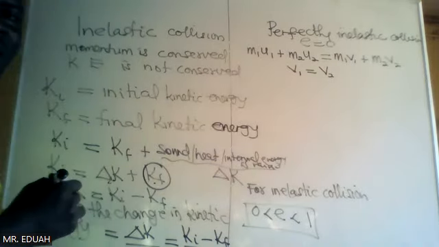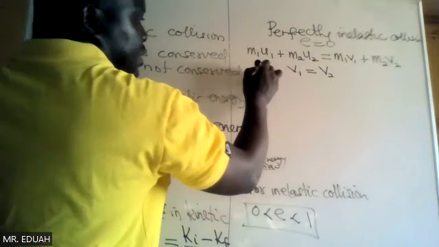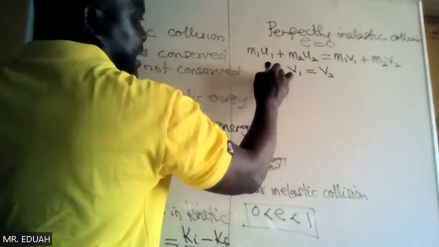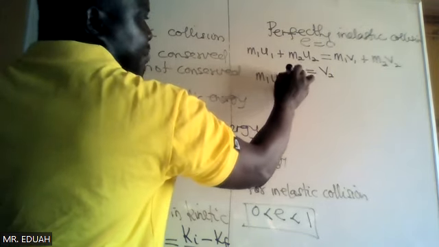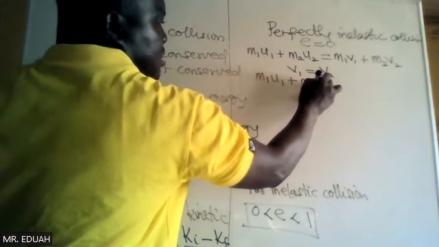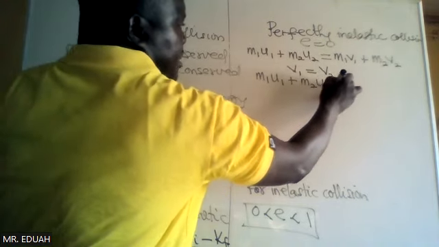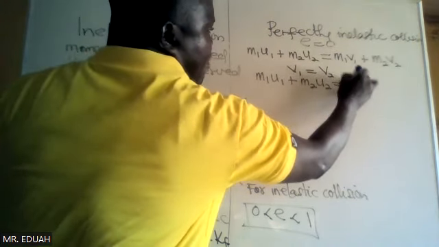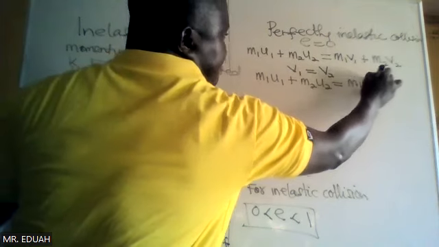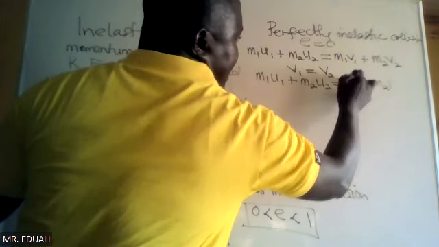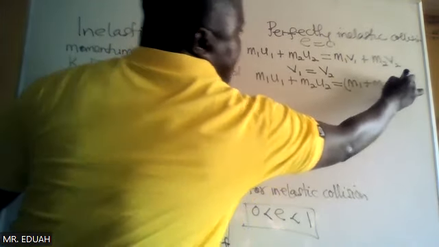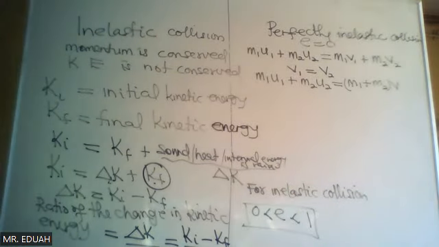And because v1 is equal to v2, the equation becomes m1 u1 plus m2 u2, which is equal to m1 plus m2 times the velocity v.